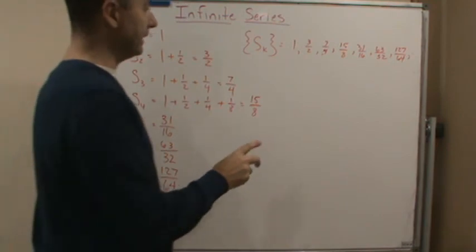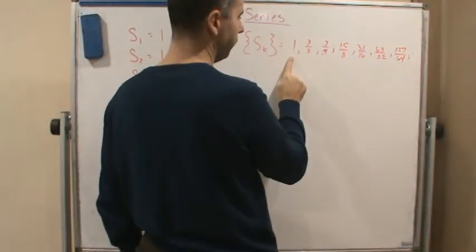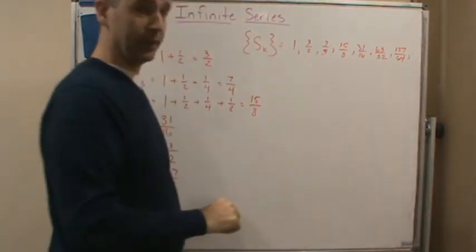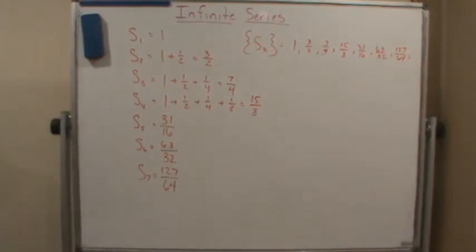Okay, in fact, with the exception of the first term, which is 1, all the other terms seem to be getting closer and closer to 2. So it seems like the limit of the partial sums is 2.